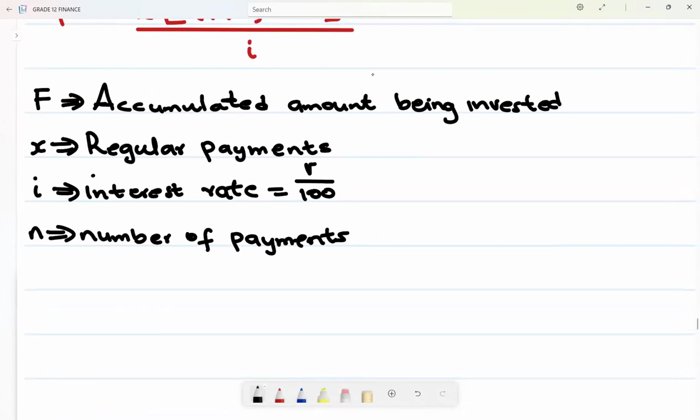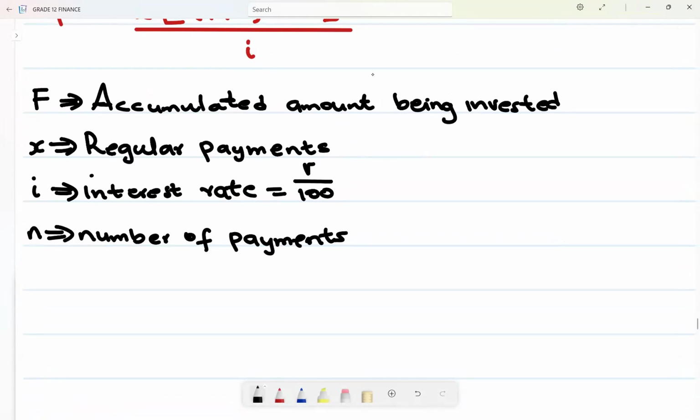Now, it's very easy to use this formula. In this video, I do not necessarily want to do calculations and all of those. I want us to explain a few things. So you'll be told that Sipho is saving 550 rand per month for the next 5 years.